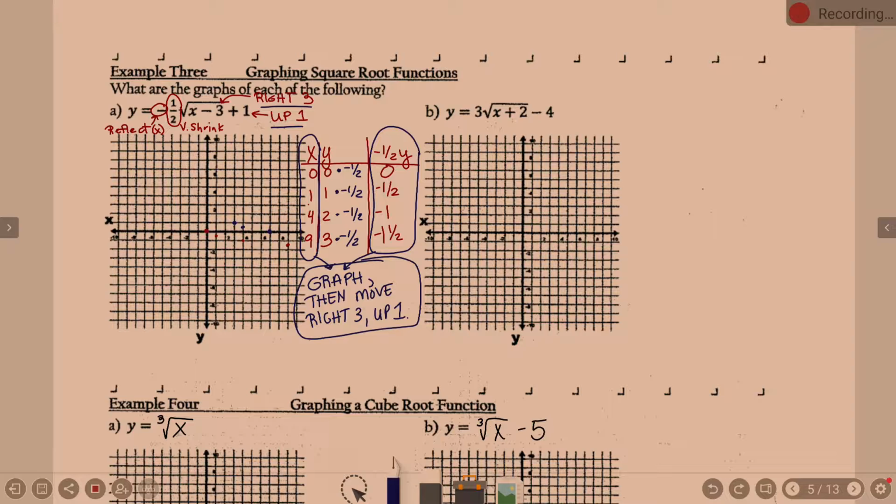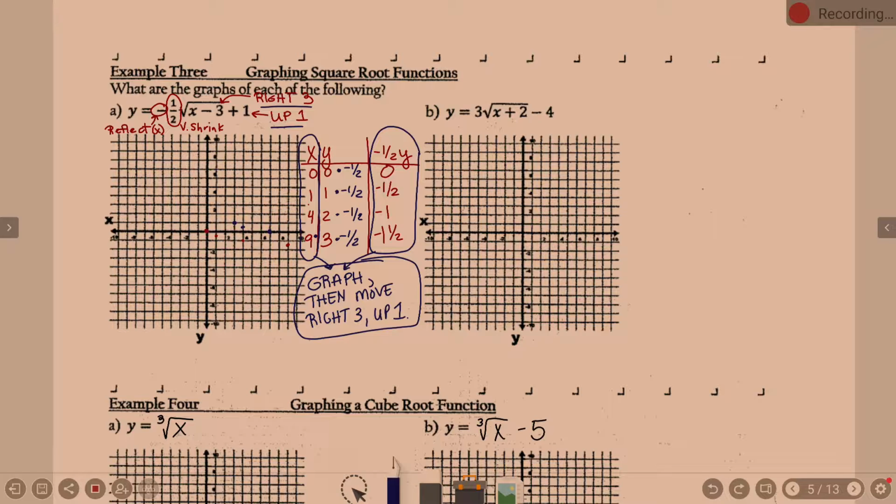So right 3 puts me at 12, and then up 1 puts me at negative 1/2. So I end up at 12, negative 1/2. In mine, it's right next to my 9. I don't know where yours ended up.